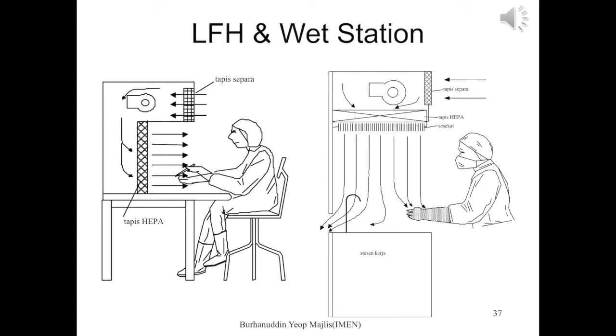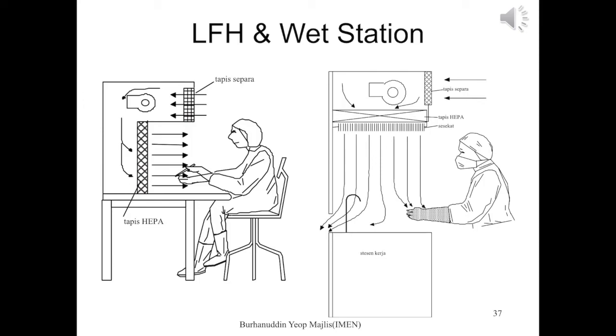So apart from the clean room itself, in the clean room we want a work area, the place where we can do our work, cutting a sample or cutting a wafer, cleaning a wafer, and doing a chemical etch, everything. So we have a laminar flow hood or LFH, and we have a wet station.